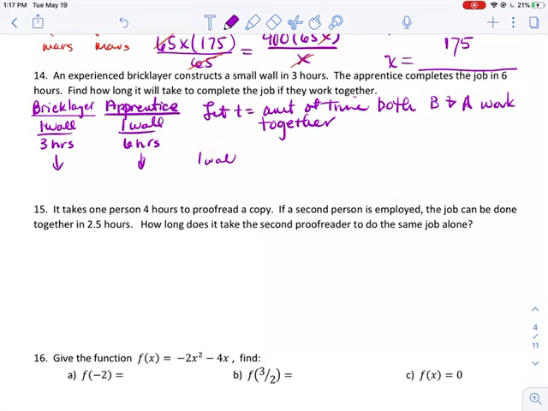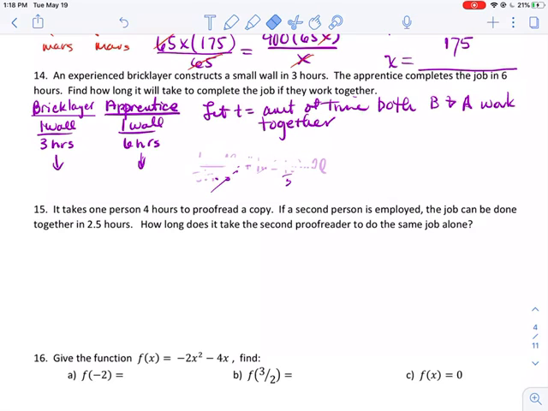If I took one wall per 3 hours and multiplied it times the number of hours, we would get a wall done, or at least 1/3 of a wall. The unit would be 1/3 wall, right? And then the hours would cancel. Walls per hour times hours is just wall.